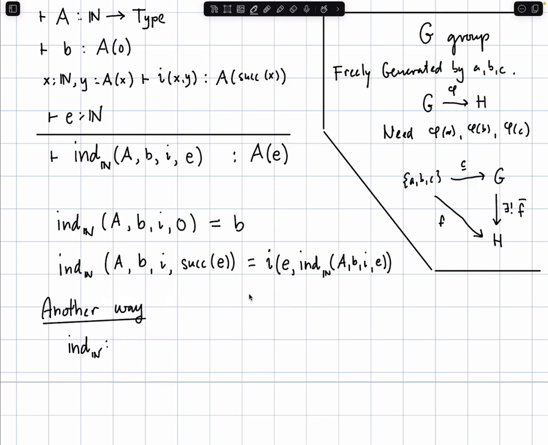Okay, let's write it down as a function. Ind takes a bunch of arguments. What arguments does it take? First, it takes a family of types. Then it takes an element b.